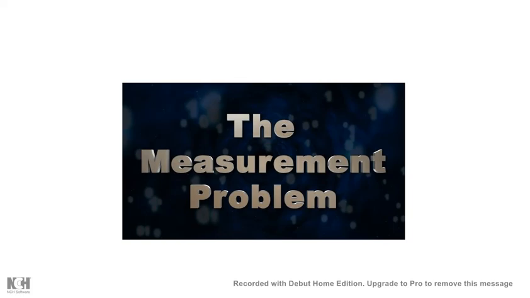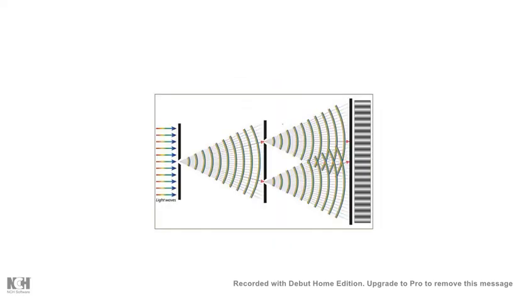How is that? And quite simply, I'd say we've already answered this. I'm going to return to the very first video, and that was on Young's double slit experiment, and this shows here's our light source.